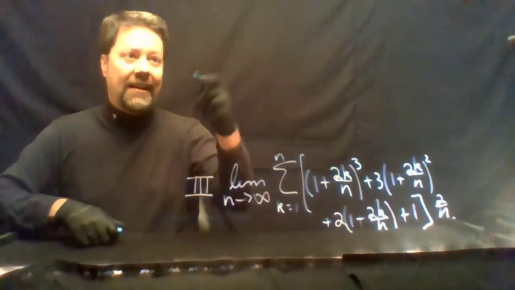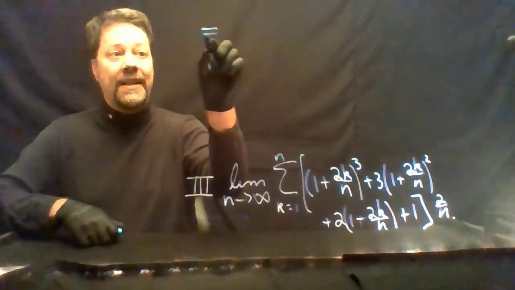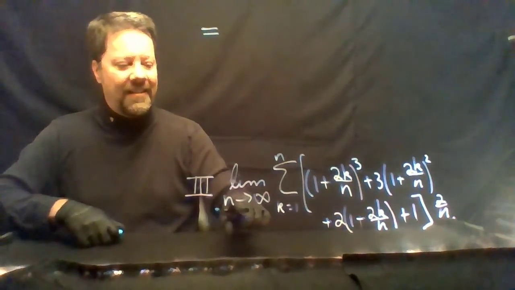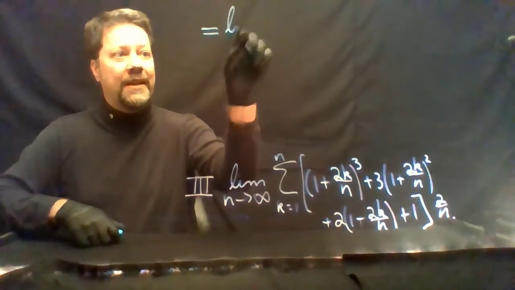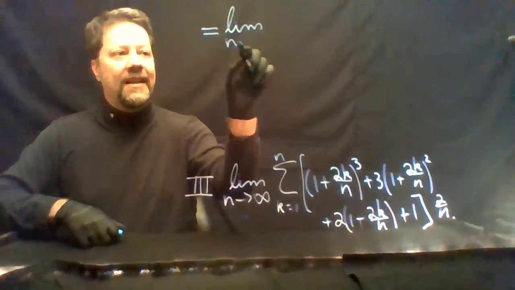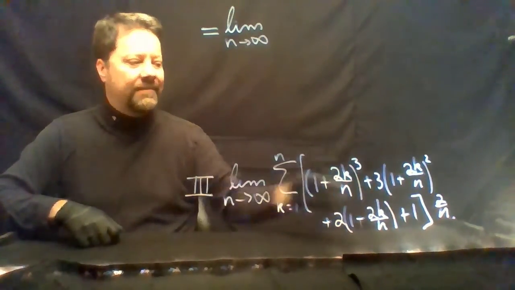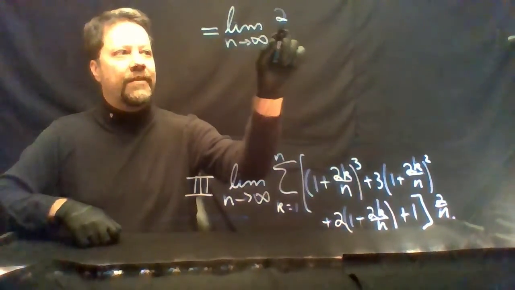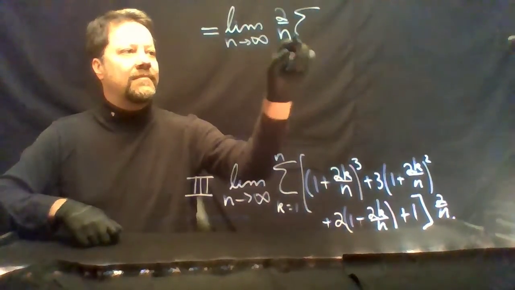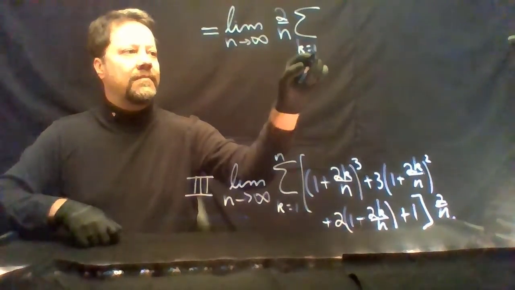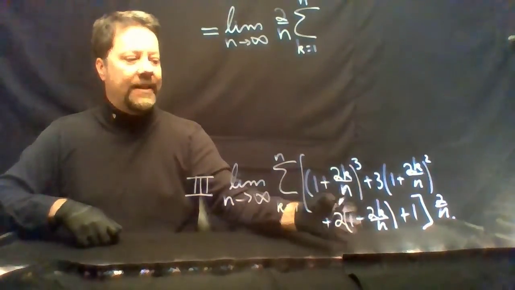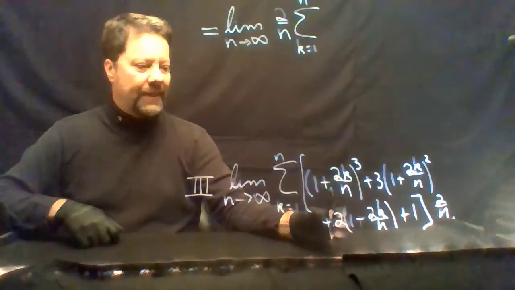Each line on our calculation begins with equals, and the thing immediately after the equals will be the limit as n goes to infinity, at least until we actually evaluate the limit. I'm going to factor the 2 over n out. And now we need to cube out this first binomial.